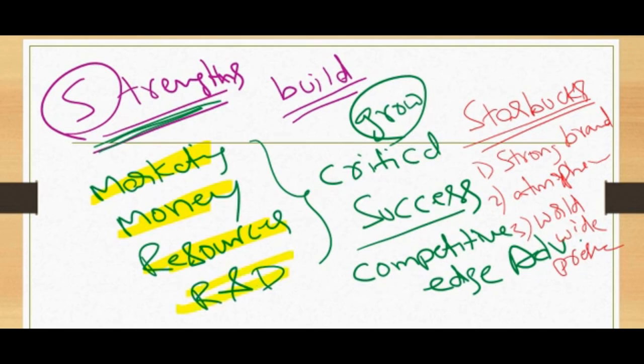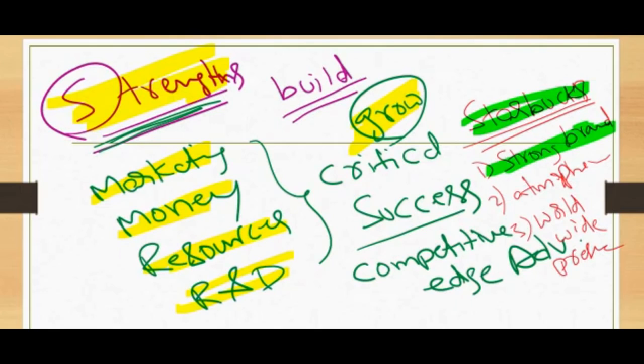You have a very good R&D team, and you can invest money in inventing new things. These all help you grow the business. In the example we saw, Starbucks has a very strong brand, a very good atmosphere inside the shop, and worldwide presence. This is all about strengths.